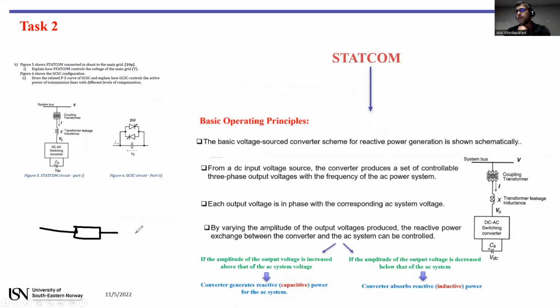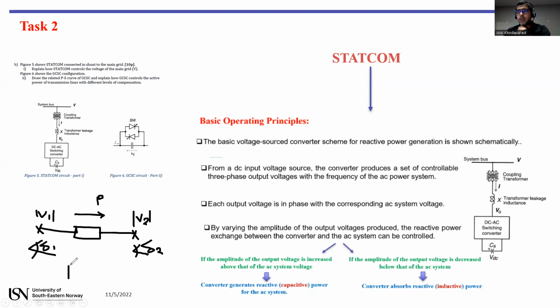When you have a transmission line, and suppose that you have voltage V1, with amplitude and angle delta 1, and V2, with amplitude and angle delta 2. You know that if you want to control active power, you have to play with this delta.